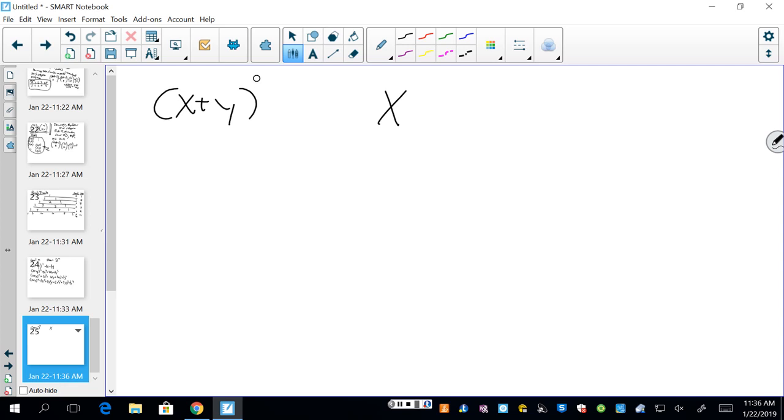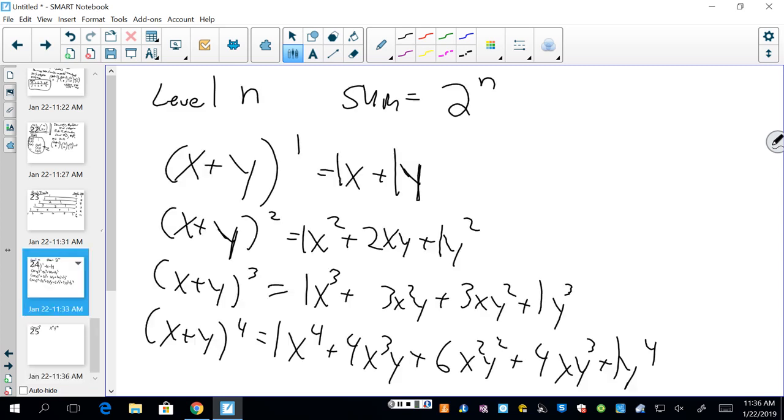Let's do the n. There's an x to the k and a y to the n minus k term, right? In these terms, what do the exponents always add to? X to the 4th, this is 3 and 1, and 1. This is 2 and 2, this is 1 and 3, that's 4. So every time you add another x plus y, it contributes either an x or a y to the products.